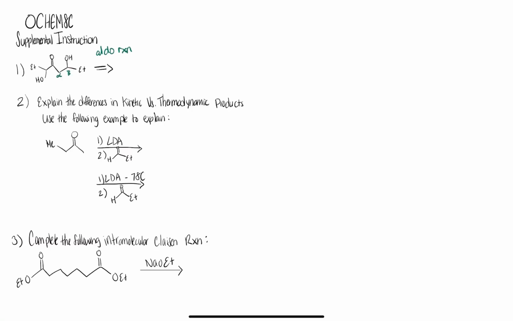So let's break the bond between alpha and beta. We know the nucleophile has to belong to the carbonyl part, and the OH side is the electrophile.